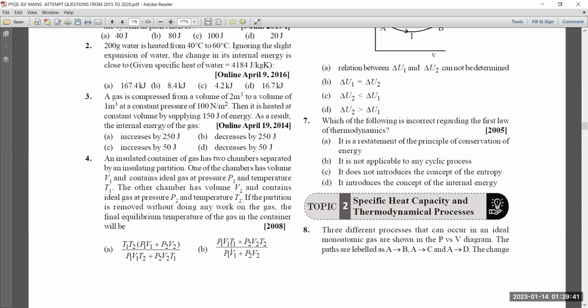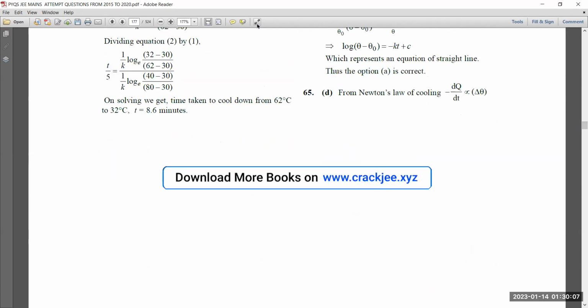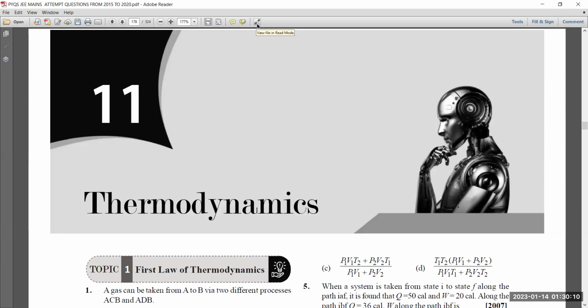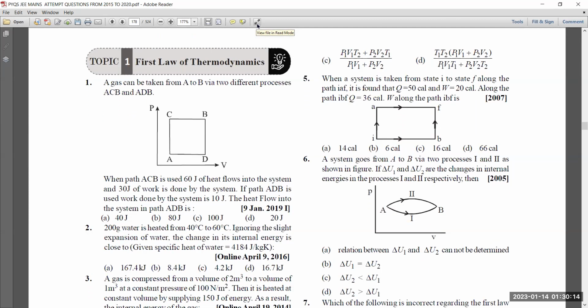And because no work is being done, we can conserve the internal energy of each system by the relation N1 Cv1. They should mention the gamma also. Leave it. I think mole conservation is sufficient. So which option is coming? Tell me.